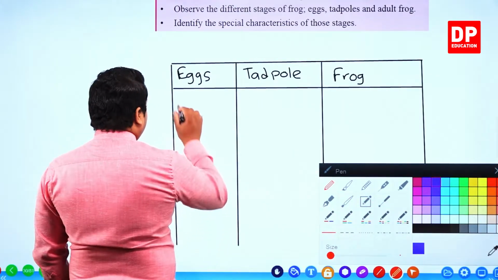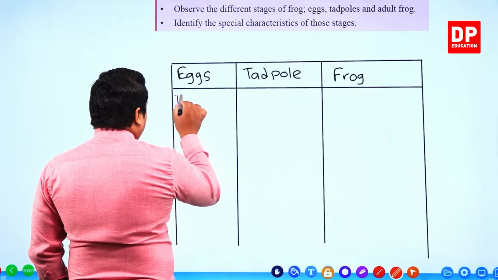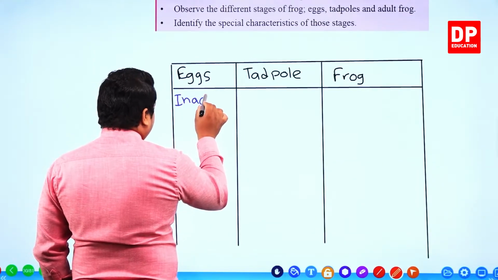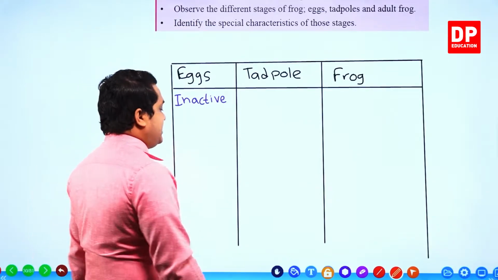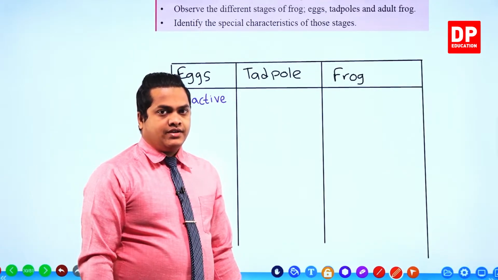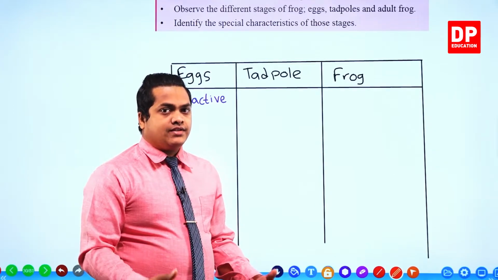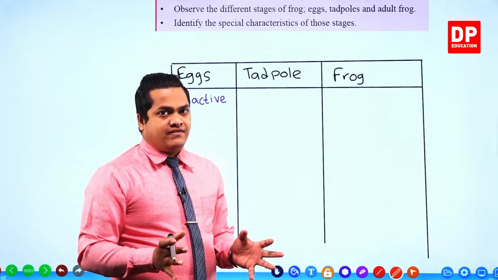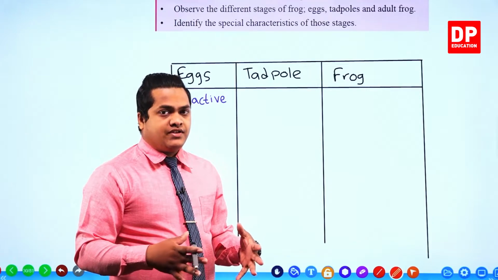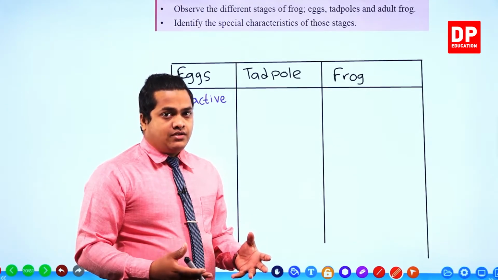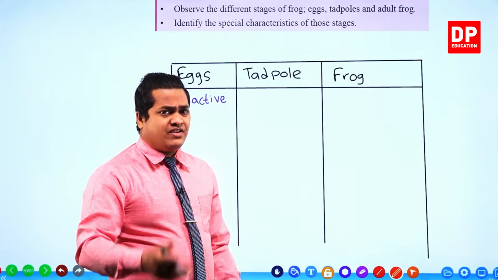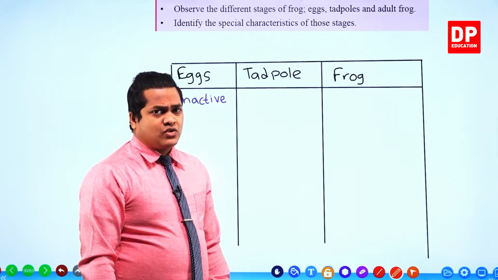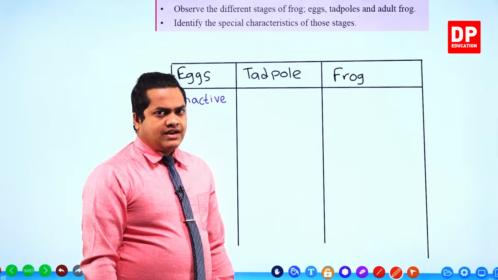So eggs are inactive. You can say that it is inactive as there is no movement, right? By just looking at the eggs, we can't say that they undergo different biological activities. We can't observe any biological activity with the naked eye, so we can refer to that as an inactive stage.